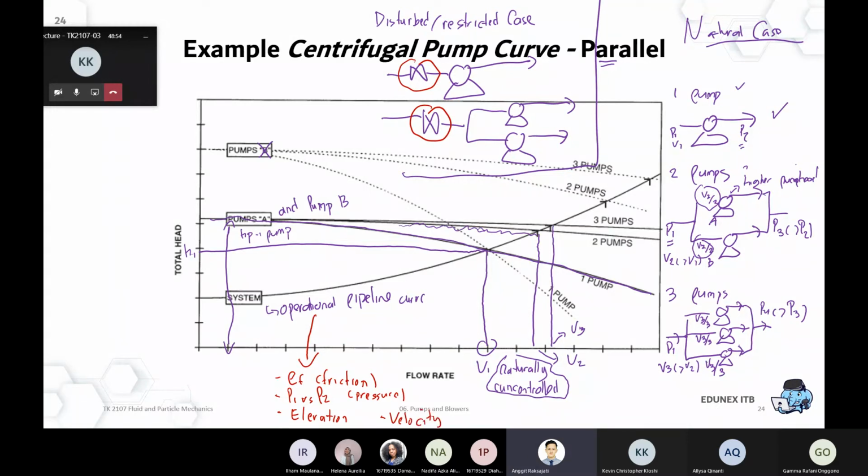It must be related to one of these 4 components. The addition of the restriction, the addition of the valve will affect one of these 4 components of pressure drop calculation. Which one is it?